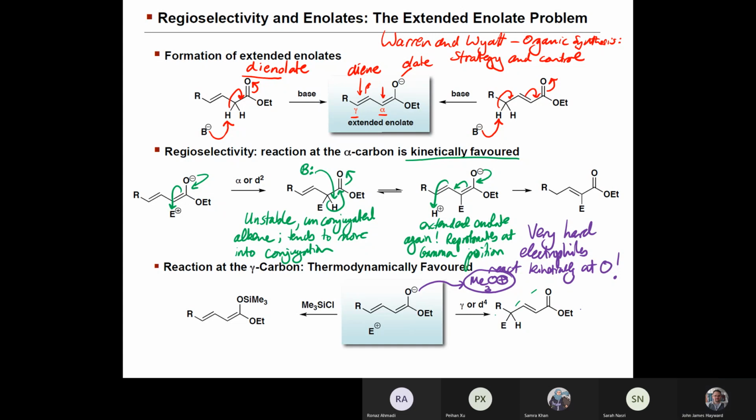However, thermodynamically, alternatively, it reacts with silicon. That also reacts on oxygen, and that is broadly because the silicon-oxygen bond is very strong.